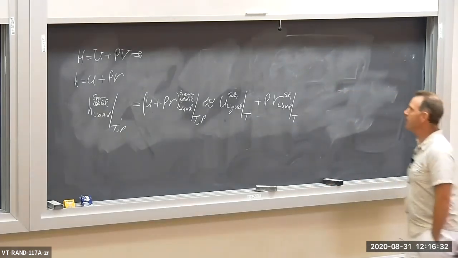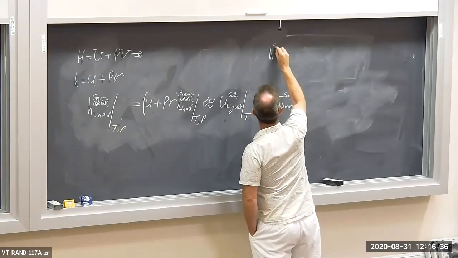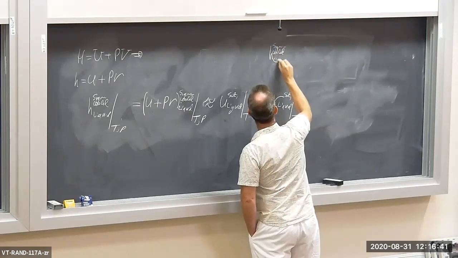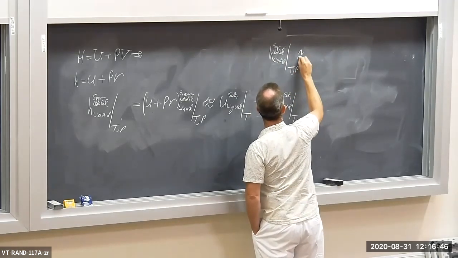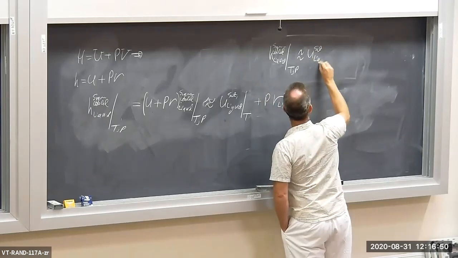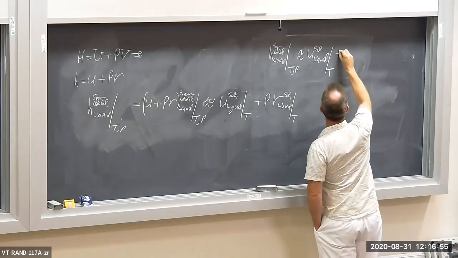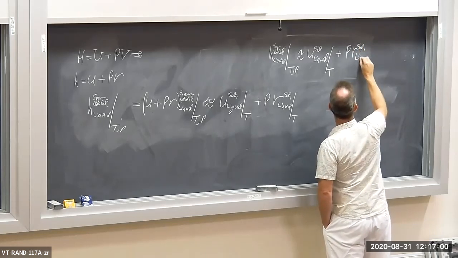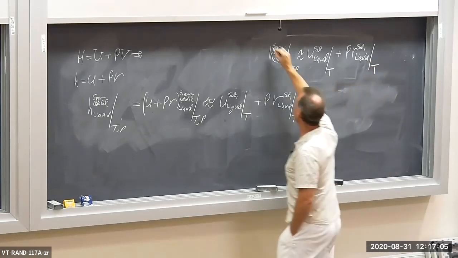So let me write that expression down here. h for a supercooled liquid evaluated at any temperature and pressure is approximately equal to specific internal energy for the saturated liquid evaluated at temperature T plus pressure times specific volume for the saturated liquid at temperature T. Okay, put a little box around this.